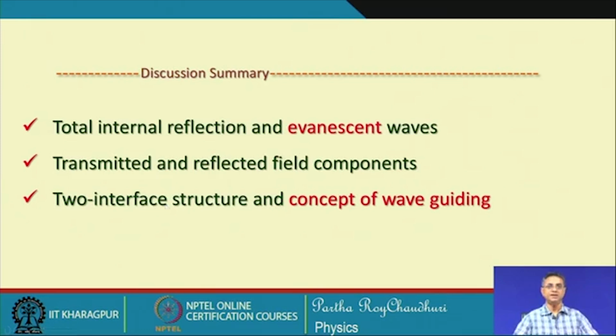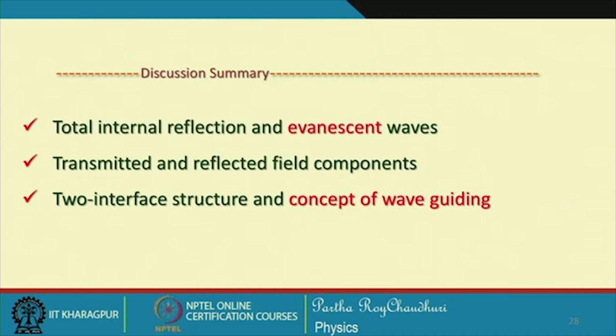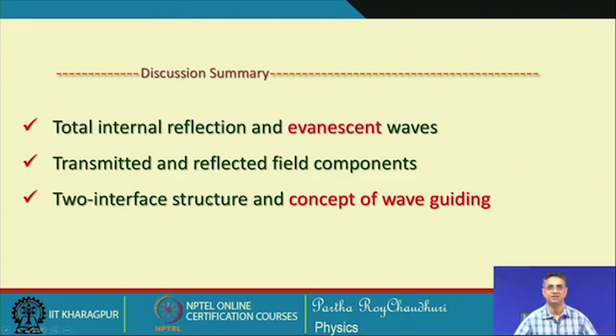So, in this discussion we have mainly focused on the total internal reflection and the evanescent wave that moves with the wave along the interface in the direction of propagation, and the transmitted and reflected components, all the components of the electric field and magnetic field in detail with a complete picture. Then we have brought in two such interface structures together.